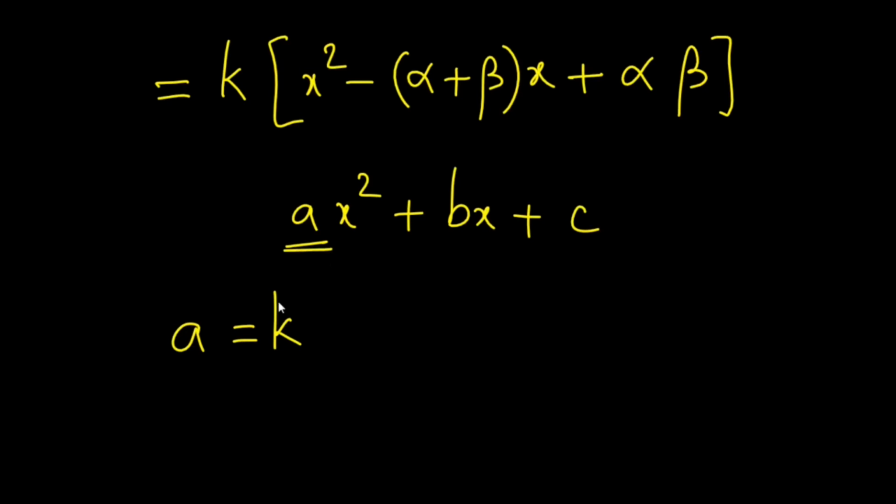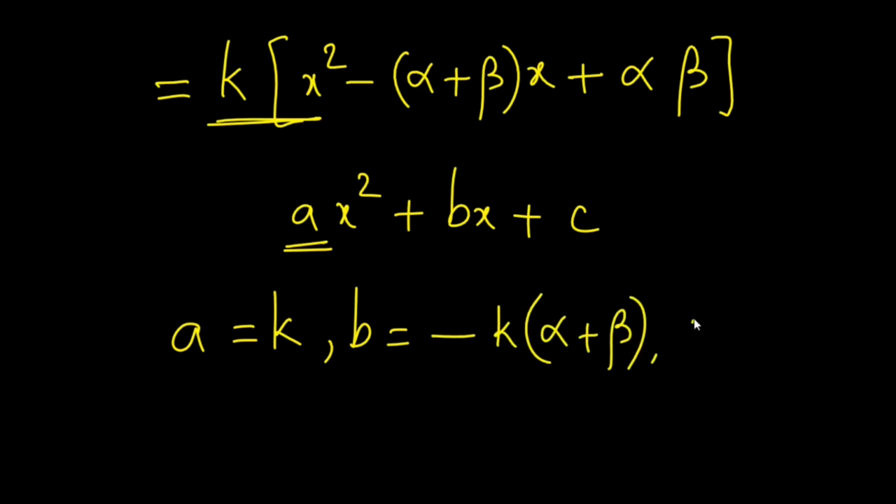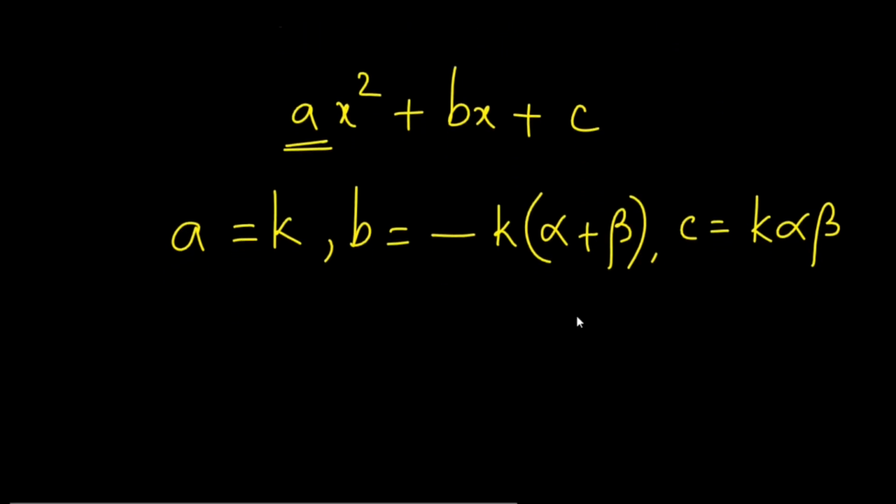Here the x square term is a, here the x square term is k. Now b is equal to minus k into alpha plus beta, and c is equal to k alpha beta. From this we can get the relations for alpha plus beta and alpha beta.